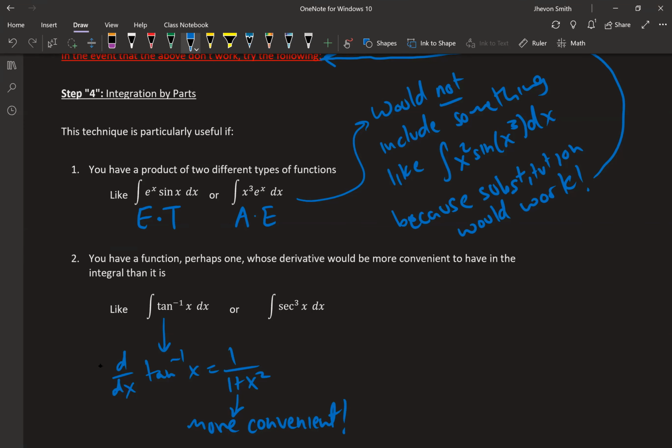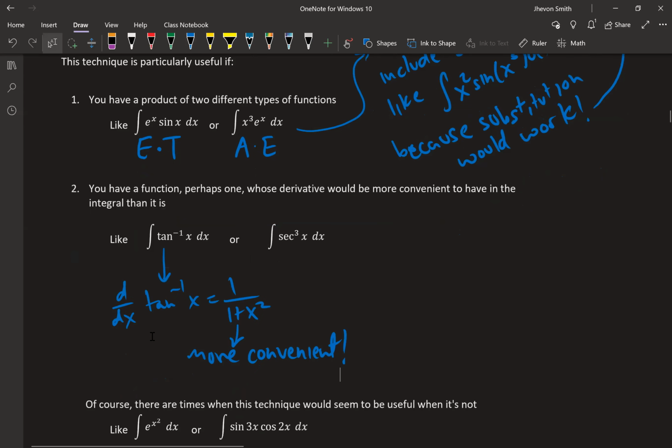It's nicer to have the derivative here than it is to have the function itself. And of course, as you would have it, if you set u equals the tan inverse and your dv equals dx, you get to a situation where you can actually solve this equation. So you can have u equals tan inverse, and then your dv equals dx.